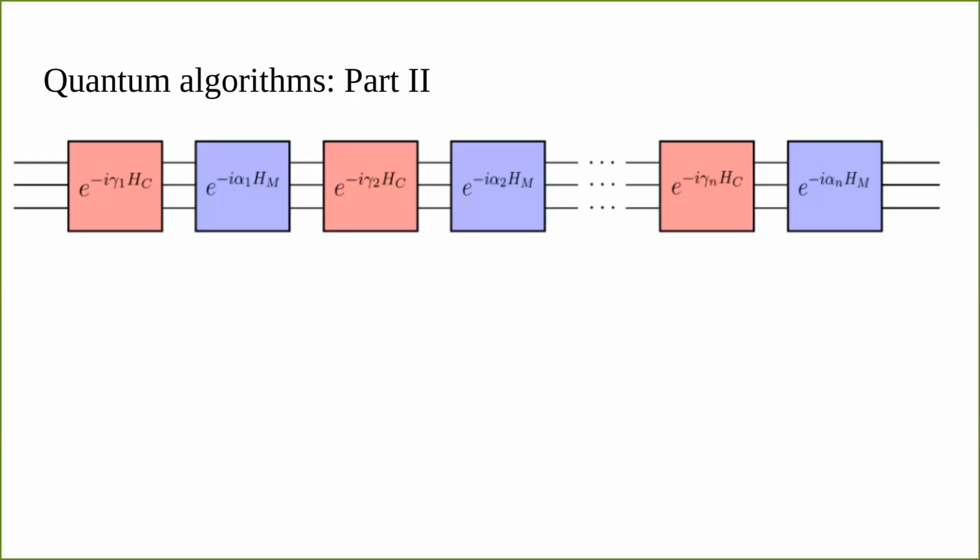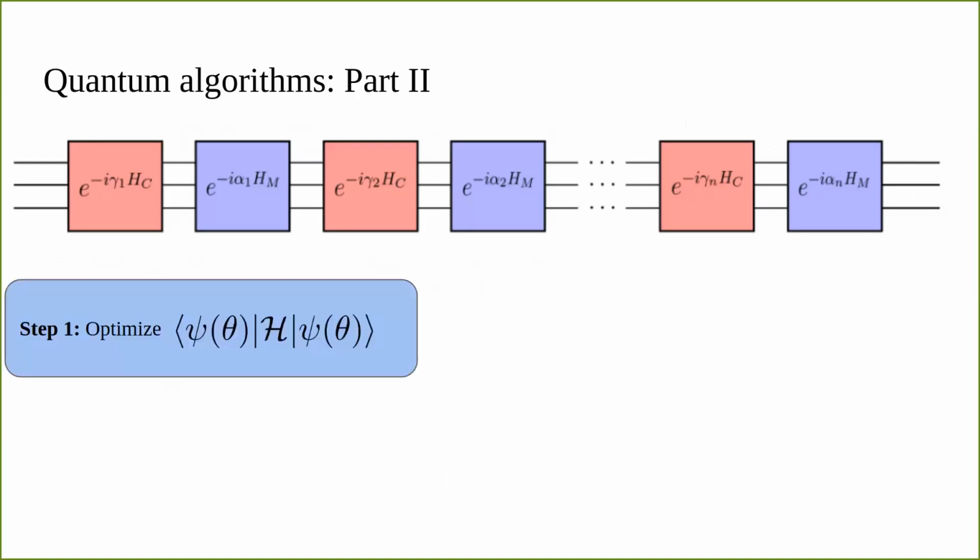The last thing to say about the QAOA, just explaining it a little bit more, is it's the same approach as any variational algorithm. So now that you have this ansatz wave function prepared by this circuit here, the first thing you do is you optimize over these parameters theta to get the maximum of the energy here. And once you do that, the last step is where you get the output from.